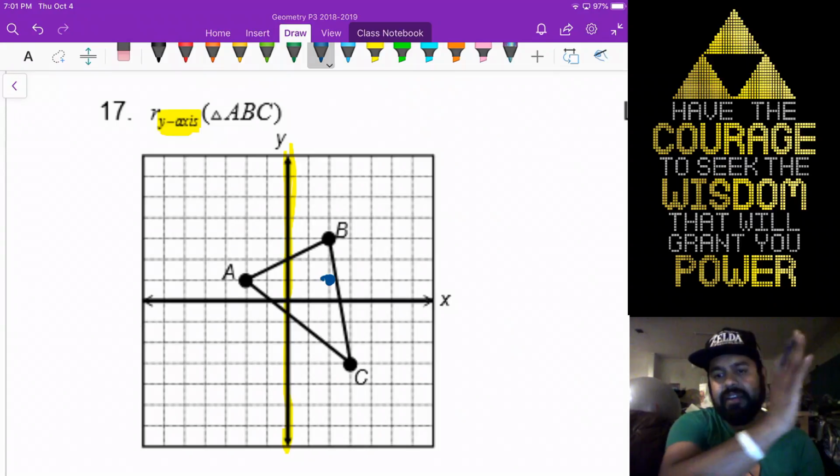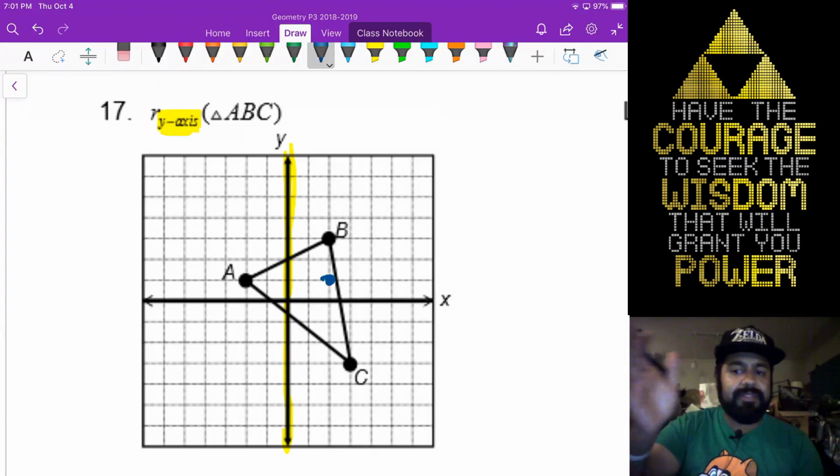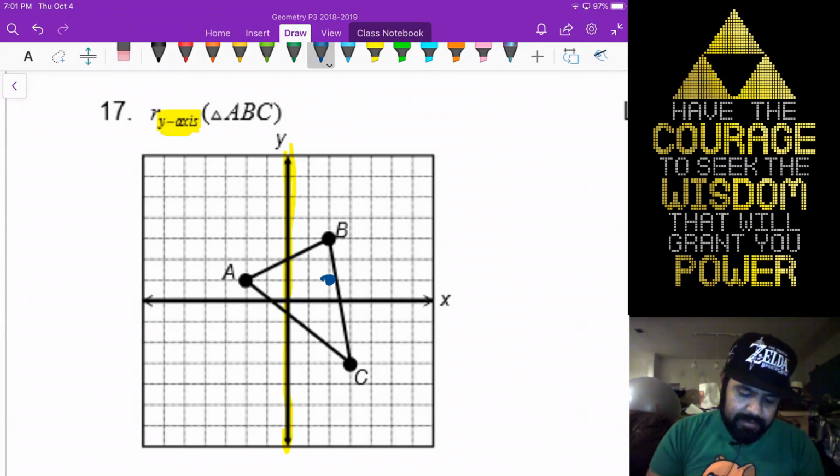Likewise, B is starting on the right side, and it's now going to move to the left side. So 1, 2, 1, 2, right there. Last but not least, we have point C, 1, 2, 3, 1, 2, 3. A, B, C. Easy as 1, 2, 3.